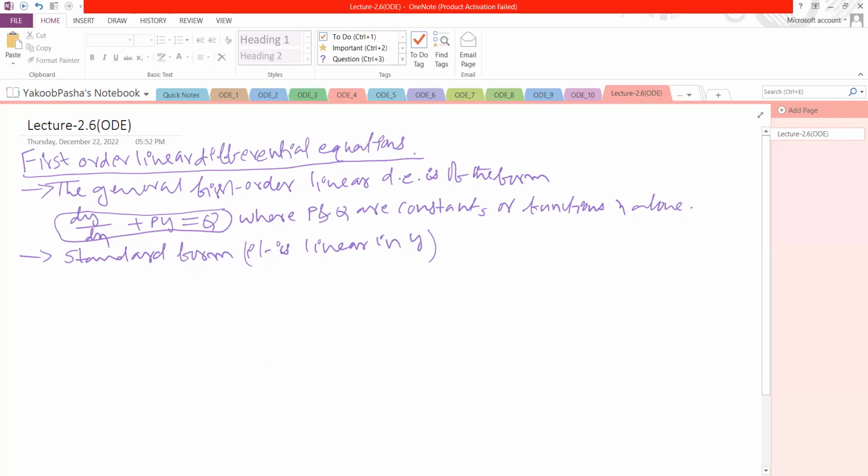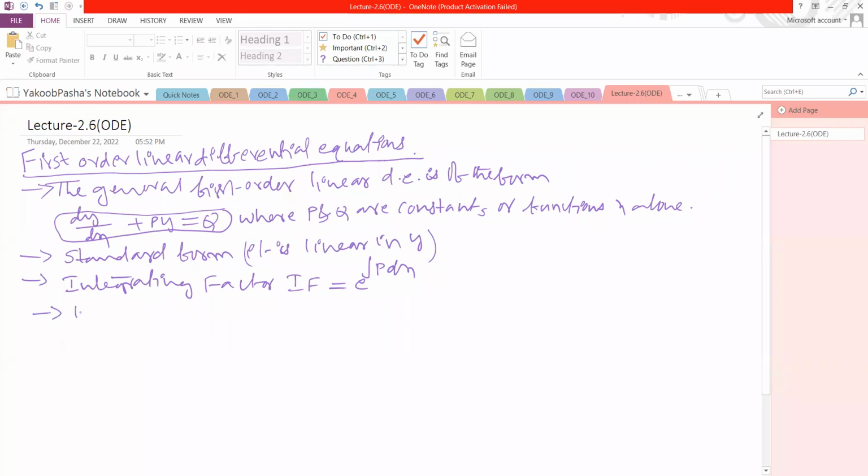To find the solution of this differential equation, we need to find the integrating factor. First, we have to find the integrating factor, or IF, that is equal to e to the power of integral p dx. This is the formula to find the integrating factor.